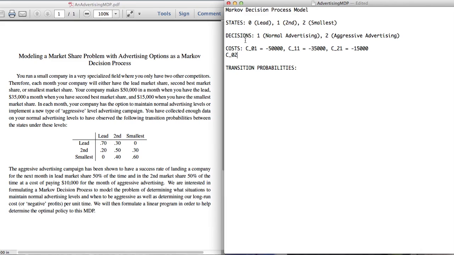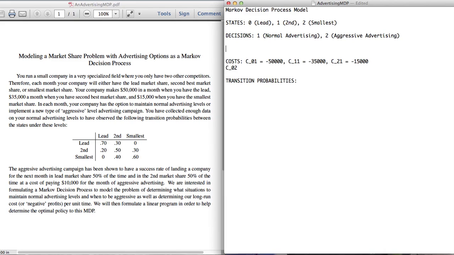One thing I want to emphasize, and I probably should have written this down earlier, is that we're looking at costs C of i,k, where we're looking at the cost of being in state i and implementing decision k. So C02 means we're in the lead market share and we're choosing to aggressively advertise.